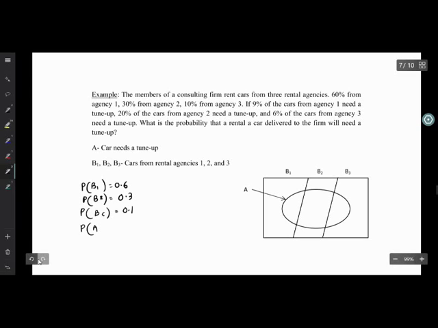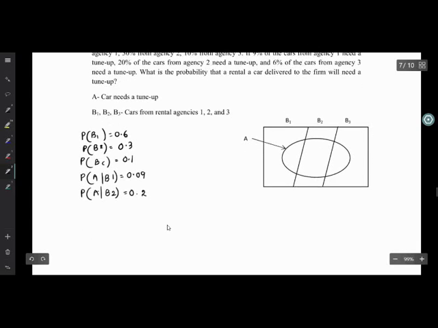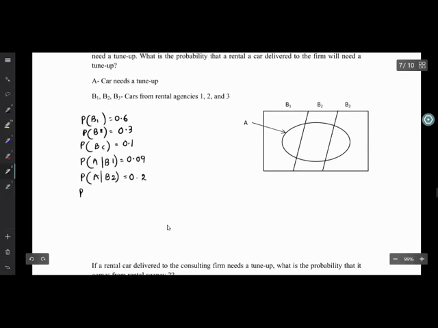The probability the car needs a tune-up, knowing it came from the first company, is 0.09, 9%. The probability the car needs a tune-up given that it came from the second company is 0.2, 20%. And then the probability the car needs a tune-up knowing it came from the third company is 6%.